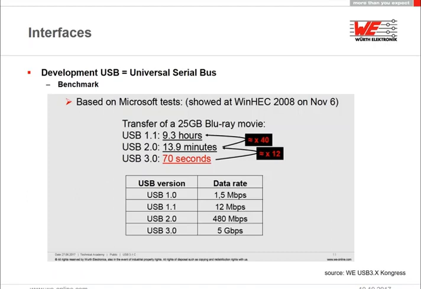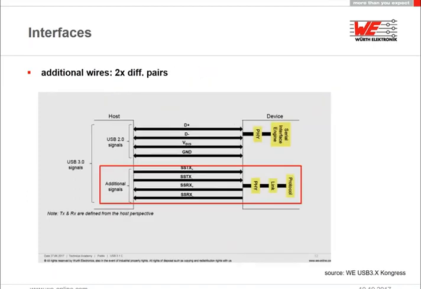USB 2 reduced the time to more or less 14 minutes, and with USB 3 only 70 seconds are needed to transfer these 25 gigabit of data. And with the new Generation 2 of USB 3.1, 10 gigabit per second is also possible. Of course, 10 gigabit per second is high speed, and this requires specific things for the electronic design.